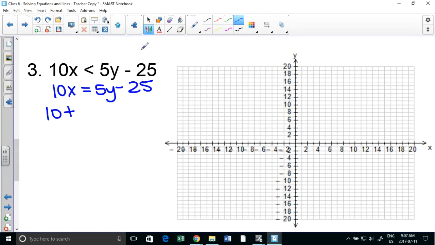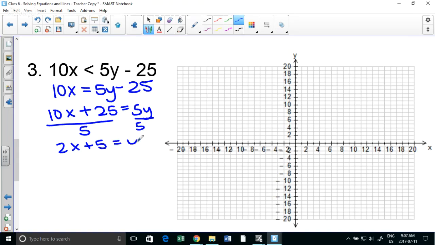I'm going to move this to functional form because I can, and I don't want to find the intercepts. Divide both sides by 5. That gives me 2x plus 5 equals y. So that's my new rule.